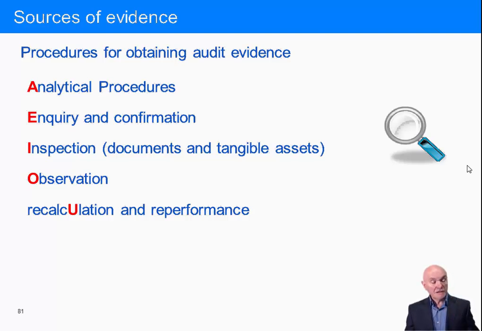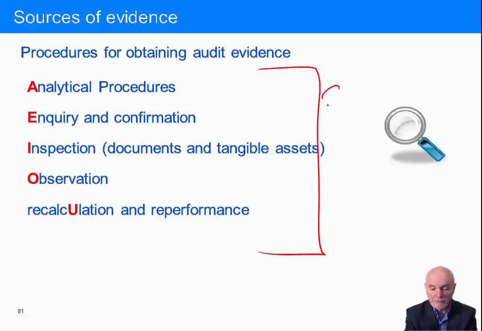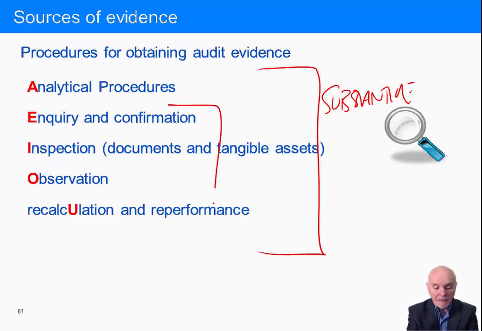But these are the only things you can do. All of them can be used to provide evidence for substantive checks. Only these ones here will provide evidence of the operation of controls.